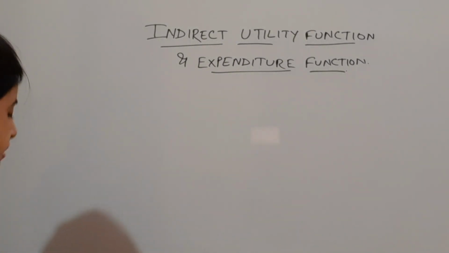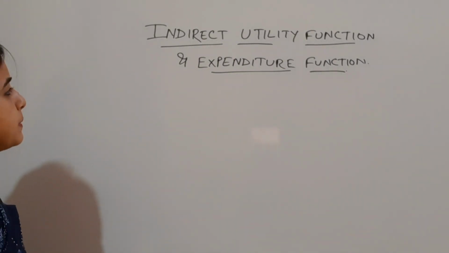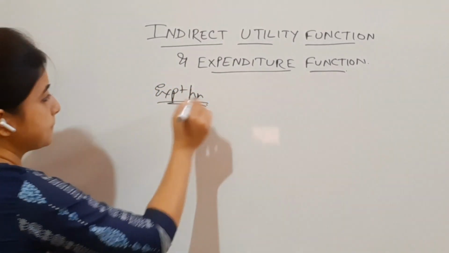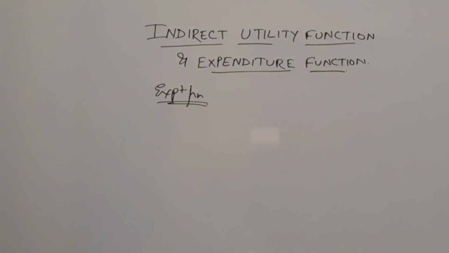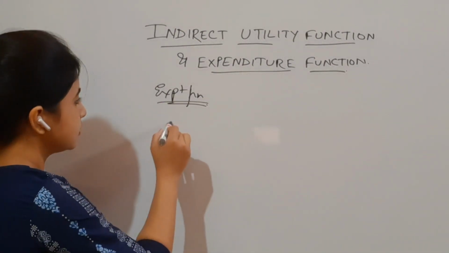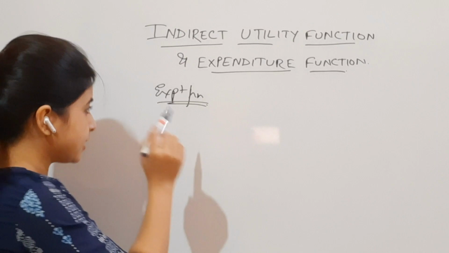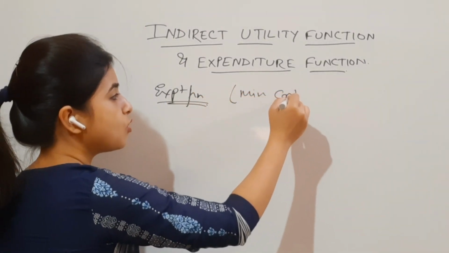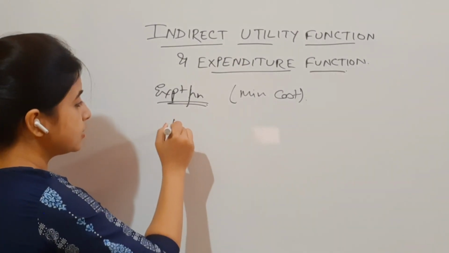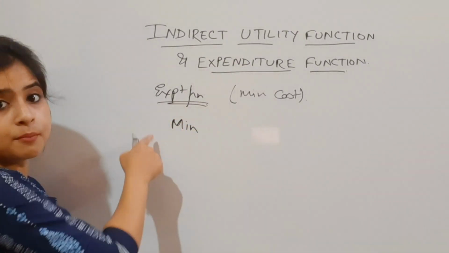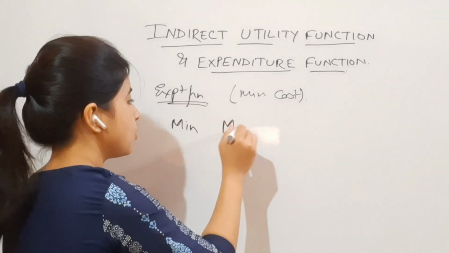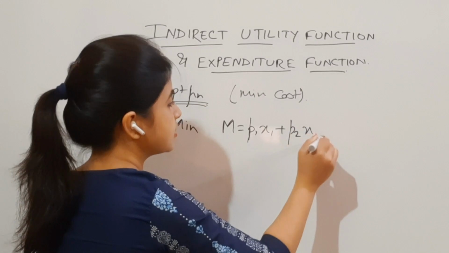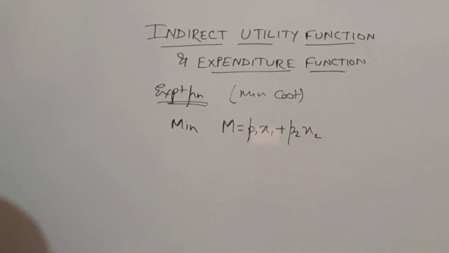Here the objective is to minimize the cost, right? So here it is minimization of the budget expression, because this is the cost the individual is facing.